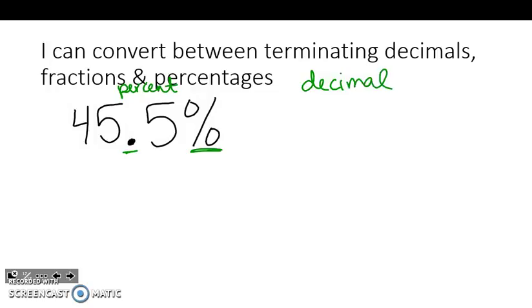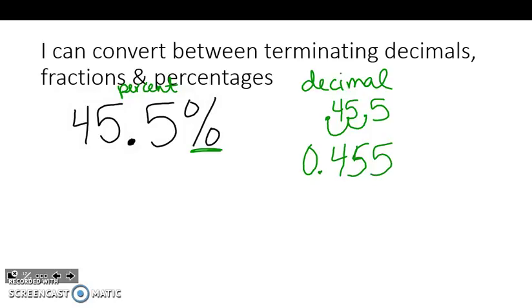Even though there's already a decimal in there, it's still a percent. So we still have to change it. So we're going to move the decimal 2 places to the left. 1, 2. So that the decimal is 0.455.